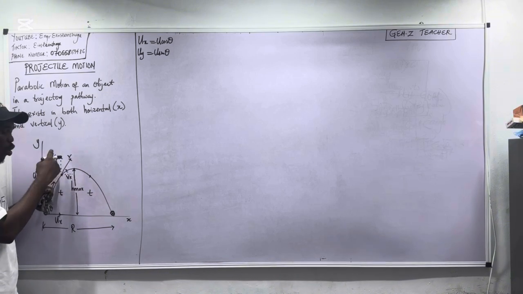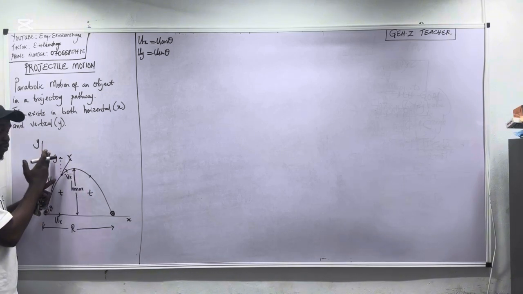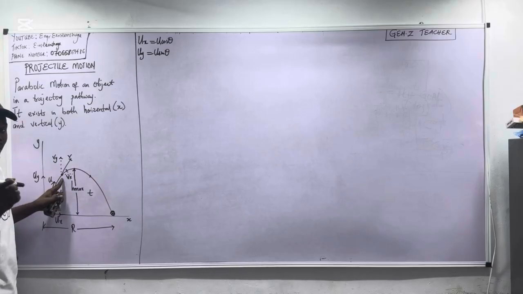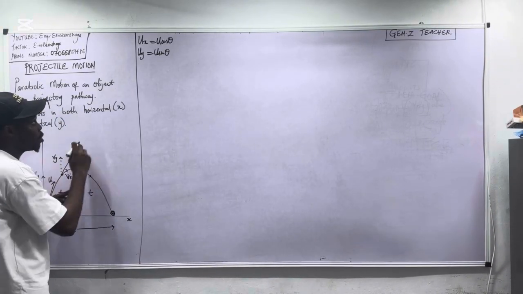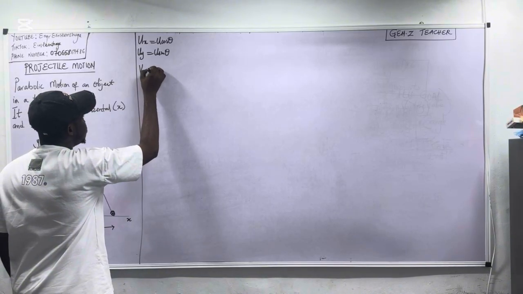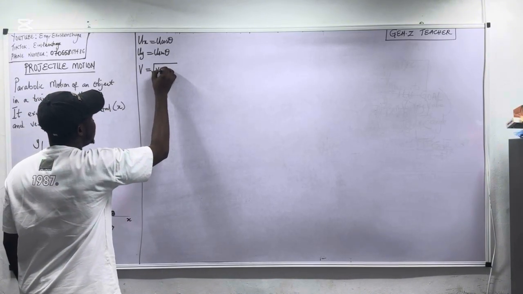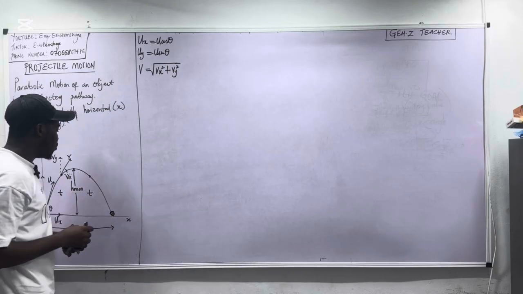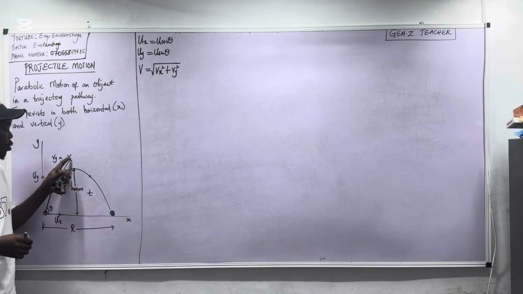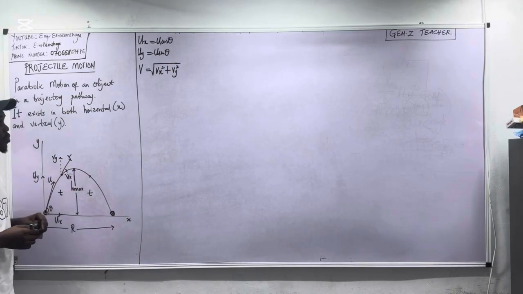Now this v can also be resolved into vx and vy. From Pythagoras theorem, you recall that this v is the hypotenuse. So we can say v should be equal to the square root of vx squared plus vy squared. I'll say it again: v equals the square root of vx squared plus vy squared.